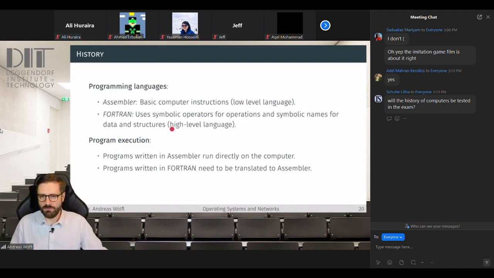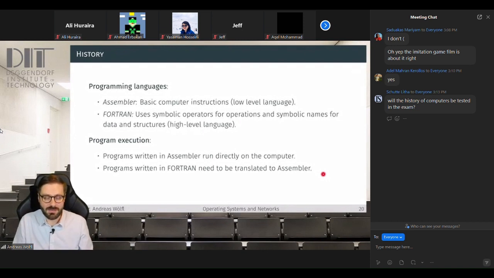So people prefer to program on a higher level, meaning that higher-level programs need to be translated first to the low-level language in order to execute, because we know computers execute instructions. So we need to translate a program that is written in Fortran into assembler, because only assembler programs can run directly on the computer.